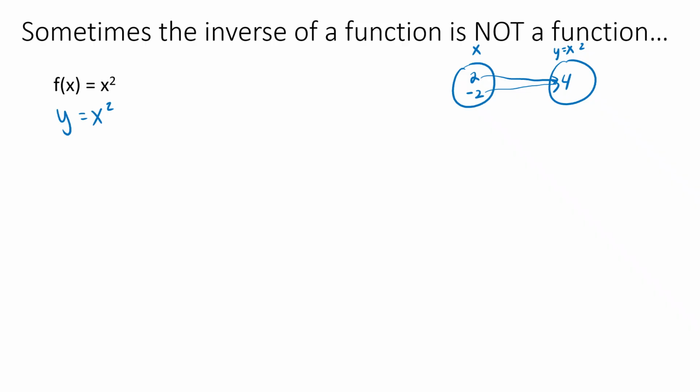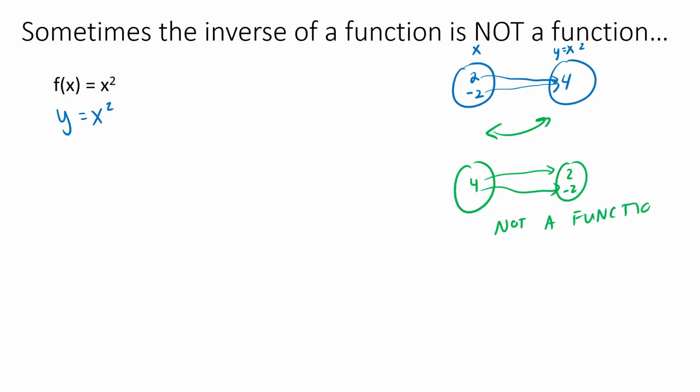But we do have a problem when we go to reverse that, because now when I do my little switcheroo, I've got 4, and the 4 is going to end up mapping to 2 and -2, and that is not a function. So we could say the inverse is not a function, which is what I am more inclined to say: the inverse exists, but it is not a function.